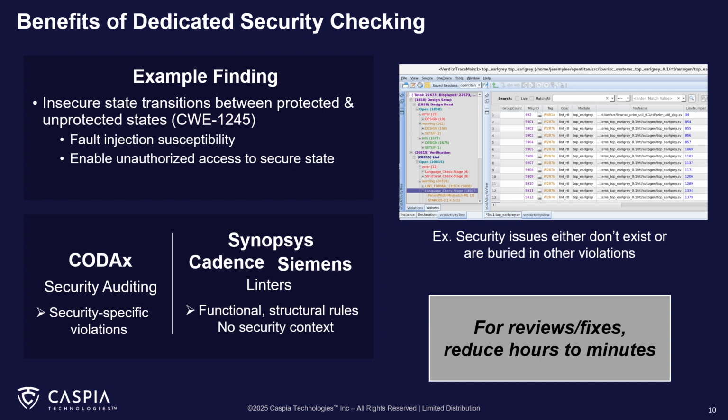If you do try to analyze these, you must comb through all of the outputs and make the decision yourself if any violation is a security concern. This could mean examining thousands of messages to identify that one security bug. Whereas with CODAx, you have unique security checks and you know each violation is a security concern, giving you dedicated security feedback and reducing reviews and fixes from hours to minutes.